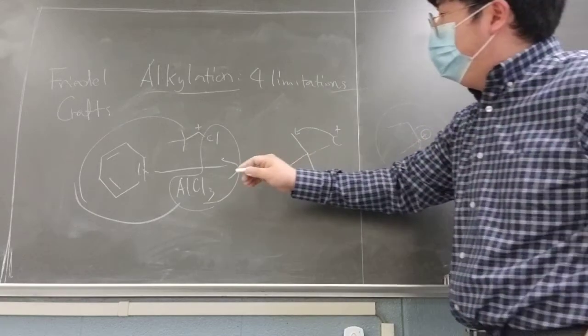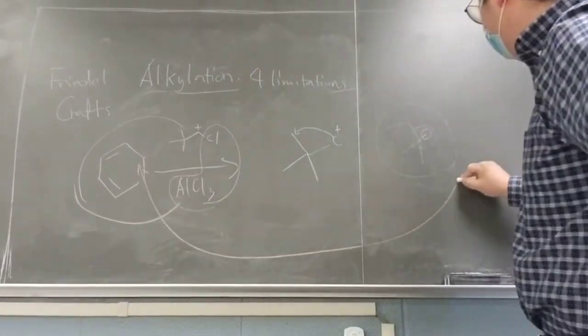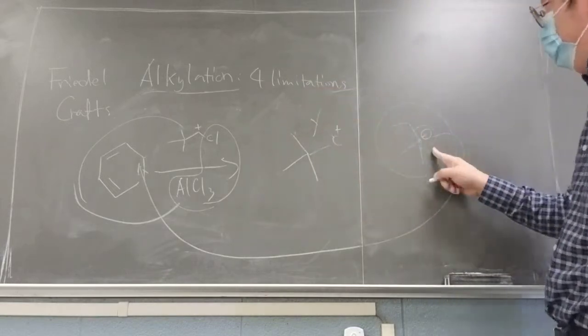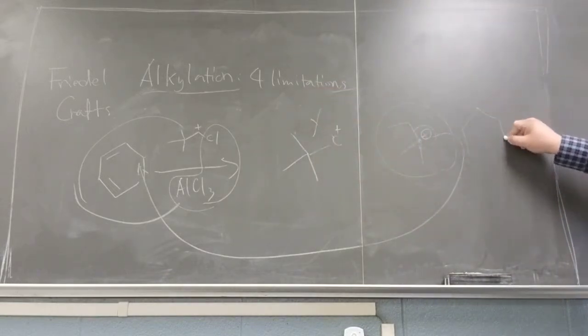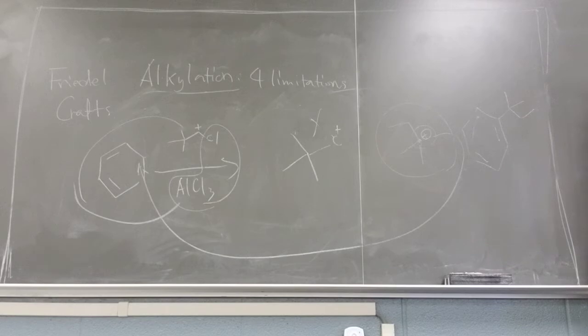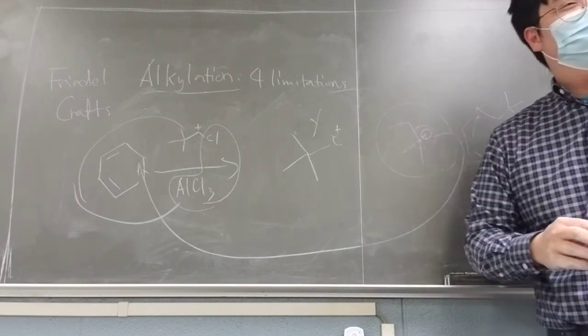That's why this will attack this one, not this one. That's why we saw this one. It's kind of weird, isn't it? I swear, there are a lot of things that happen in organic chemical reactions.